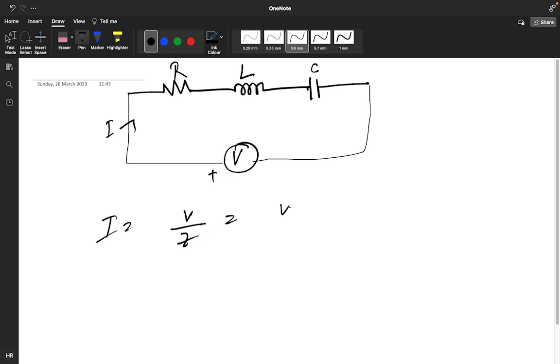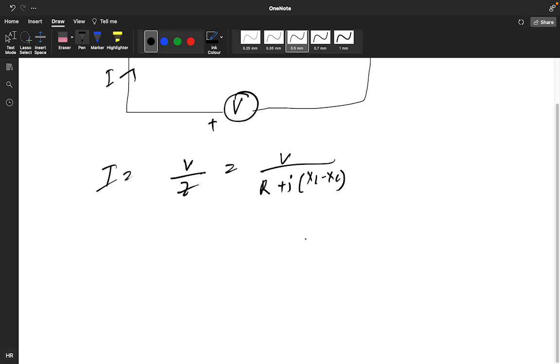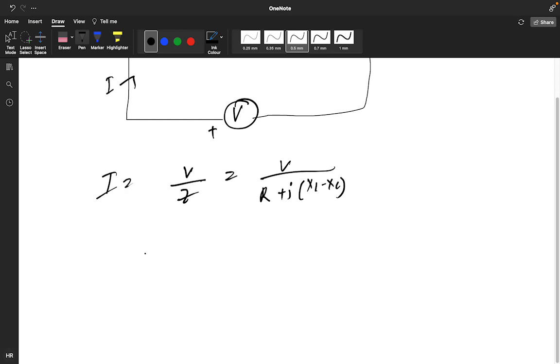V by Z, which we can write as V divided by R plus j(XL minus XC). We can write like this, right?